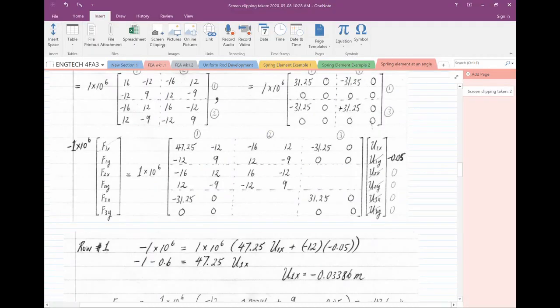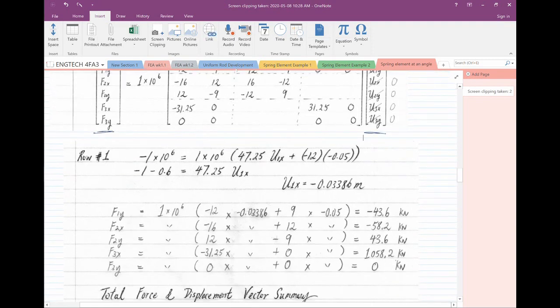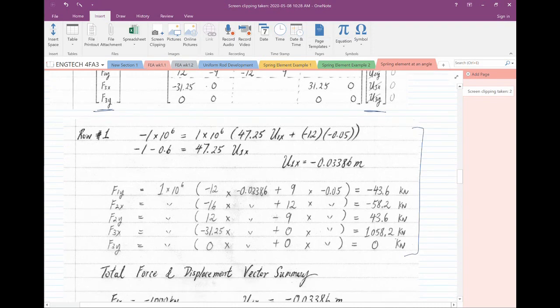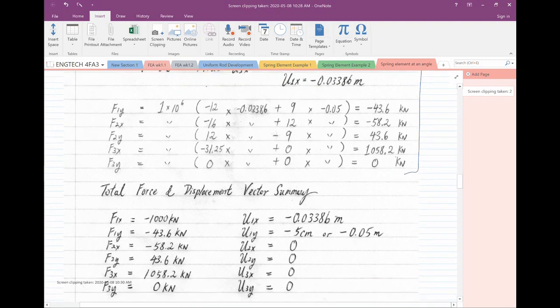F1y and all other forces are something that we're looking for. After I apply the boundary conditions on the force vector and the displacement vector, I turn the 6 by 6 matrix into 6 equations. With 6 equations and 6 unknowns, we can solve for each unknown. Right here is a summary of all the unknowns, the force vector with 6 entries and the displacement vector with 6 entries as well.